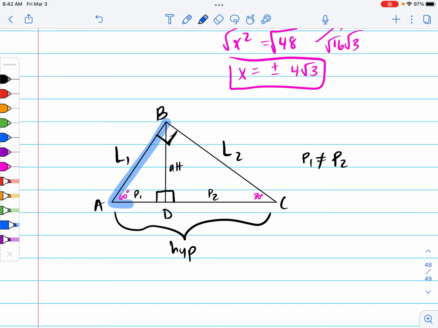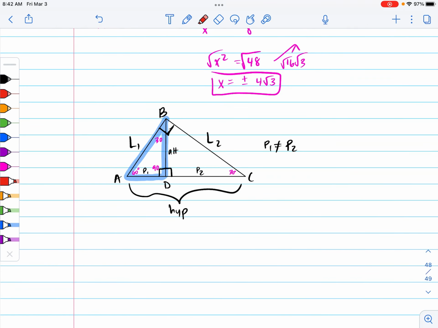So we actually have a new triangle here, and if you think about it, this blue triangle has a 60, 90, and a 30-degree angle. But don't we also have that for the big triangle? Isn't ABC also a 30, 60, 90 triangle? It is, which means that these are actually similar triangles.